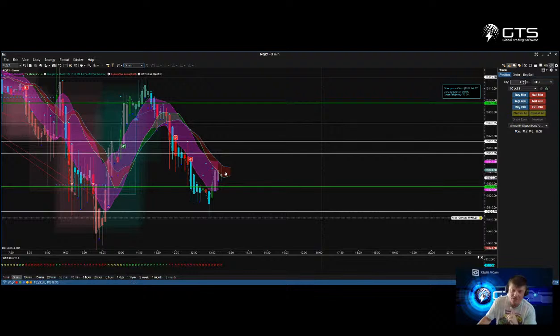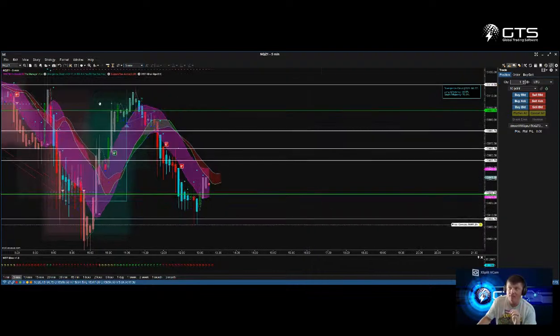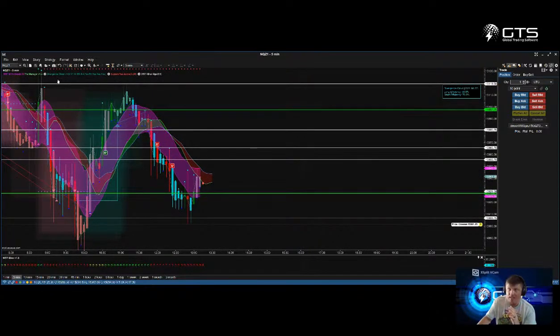Just as long as this manager is red, this is the second risk management strategy that global trading software has. Just as long as this cloud right here remains red, you're good to stay in the trade. Now on the higher time frame, you can allow yourself a little bit of leeway, right? And right now we've got it on day trading moderate, right?